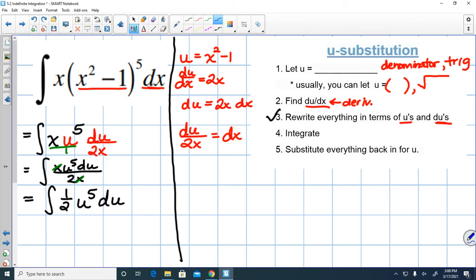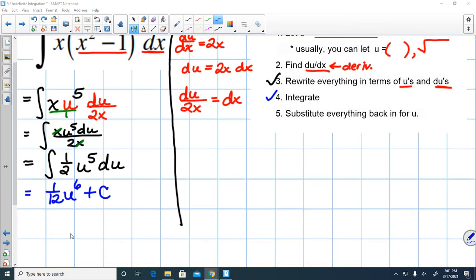I can integrate. So I'll add 1 to the exponent to get u to the 6th, and divide by my new exponent. So 1/2 divided by 6 is 1/12. And then plus my constant. Then all that's left for me to do is to substitute everything back in for u. See how my integral was in terms of x's? My answer needs to be in terms of x's.